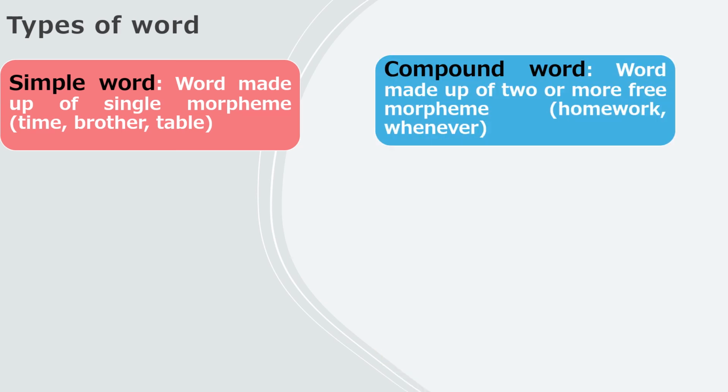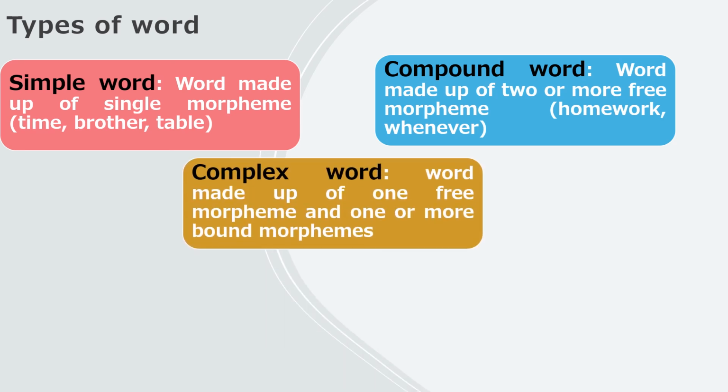The second category is the compound word, which is made out of two or more free morphemes, not bound morphemes, like homework and whenever. Both parts in homework and whenever are independently occurring morphemes, or free morphemes, so it is a compound word.